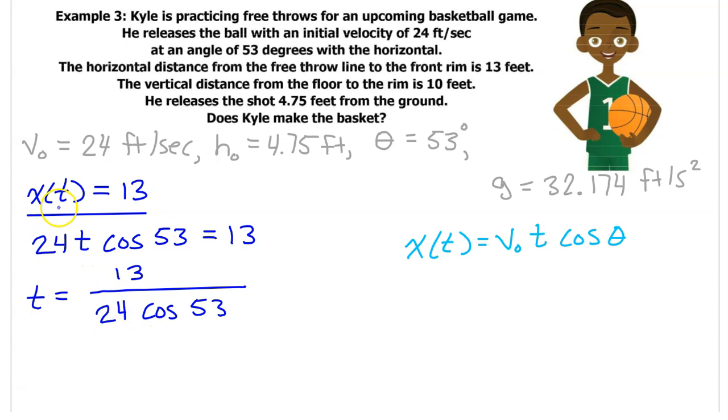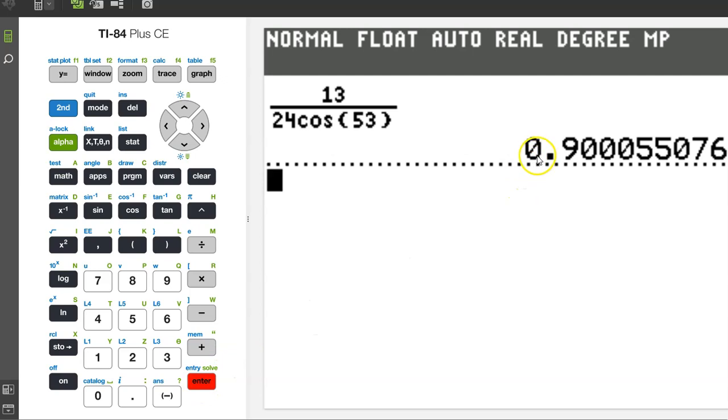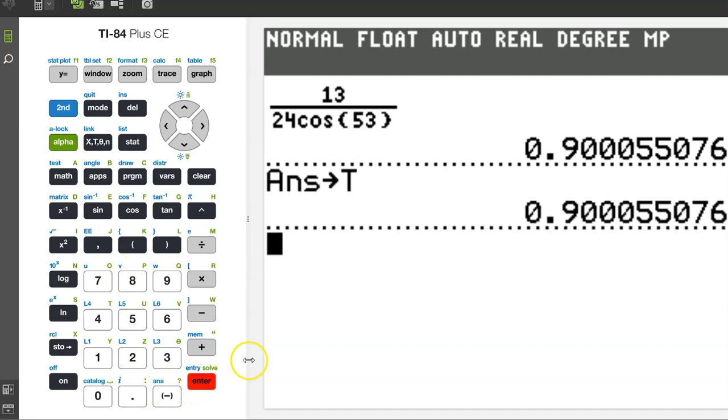The horizontal position will equal 13 when t equals 13 divided by 24 cosine 53. If we type this into the calculator, we get 0.900 seconds. Let's store this into letter t. Alright, now it's in there for later.